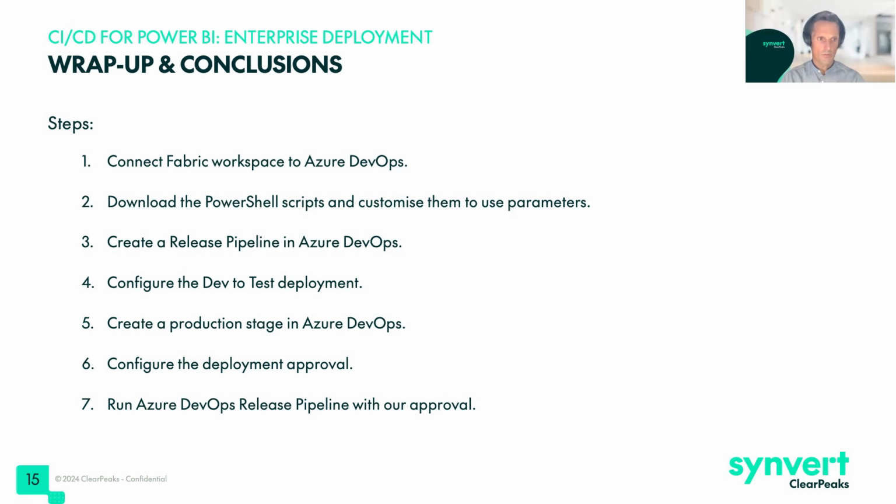The fourth step, we have configured the dev to test deployment. And then we have also created the production stage, the test to production. We have configured the deployment approval. And finally, we have run this Azure DevOps release pipeline with our approval, to see how this deployment phase is performed.